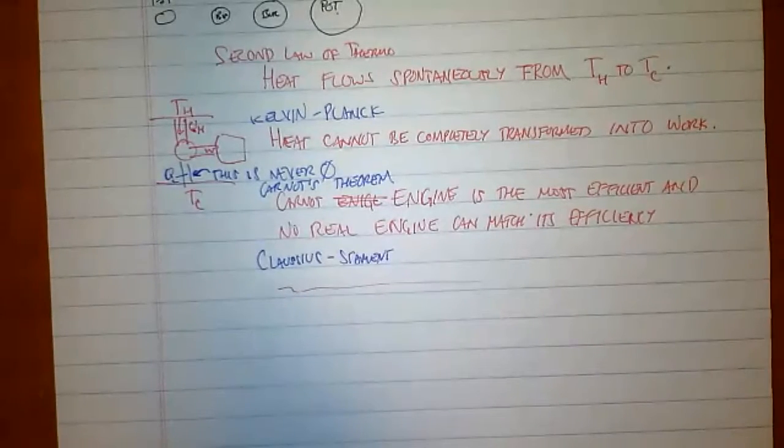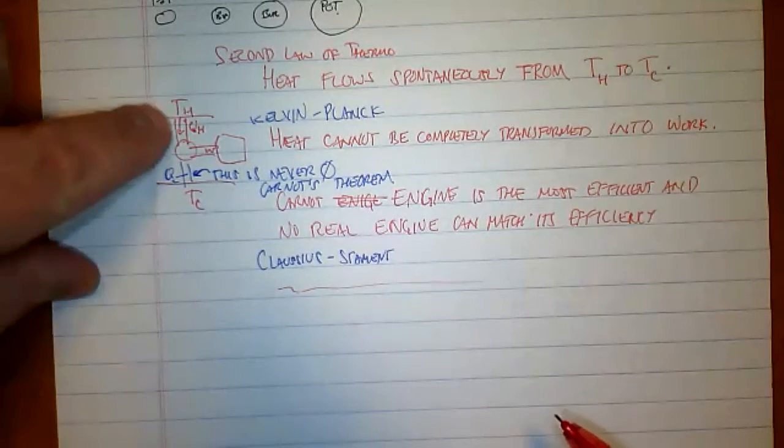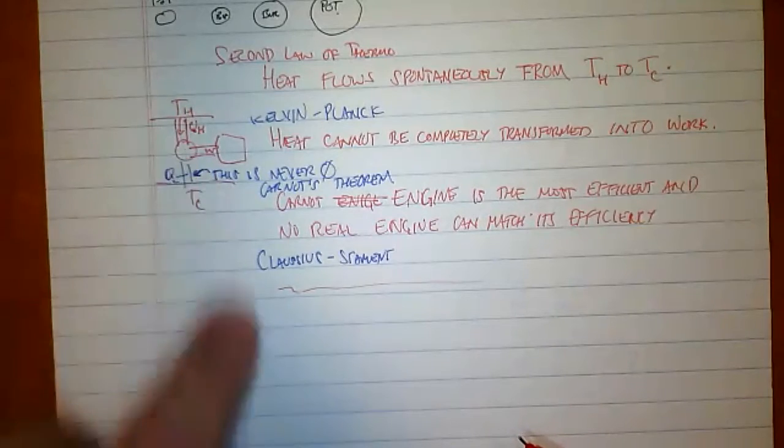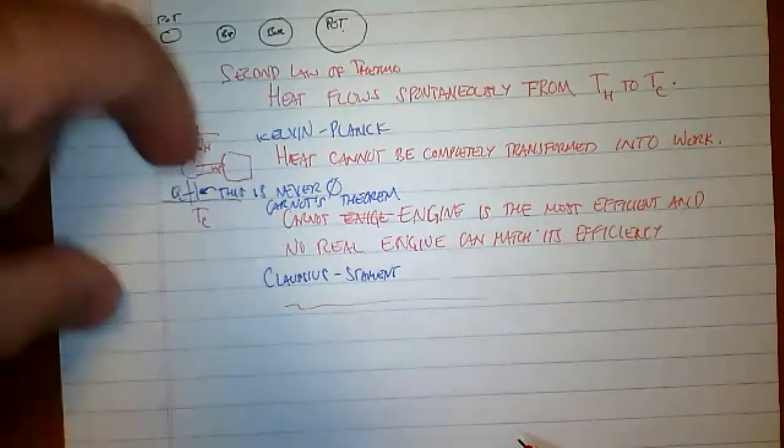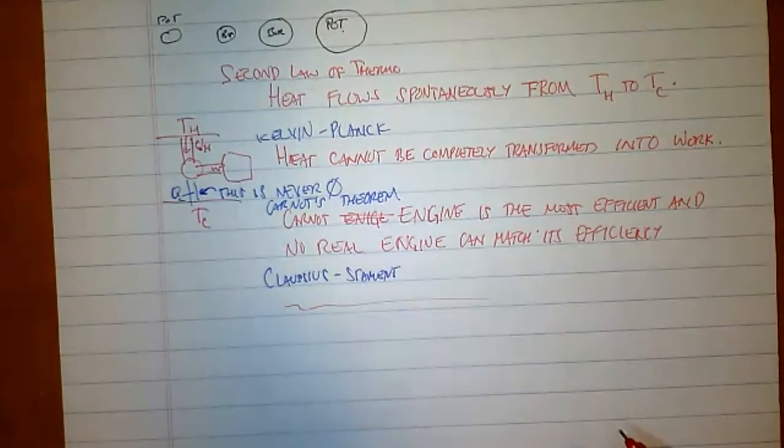But basically it says no device is possible whose sole effect is to transfer heat from one system at temperature TL into a second system at a higher temperature TH. So that's sort of the same thing as we said earlier about flowing spontaneously. In other words, if you're trying to take heat from here to here, some of it's going to be wasted. And in that case, the waste is this part, and the stuff that you're getting for the air conditioner or the heater is the other part.